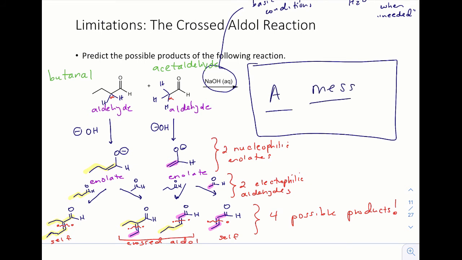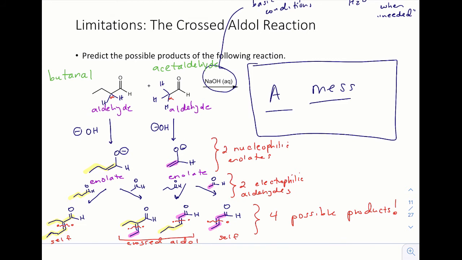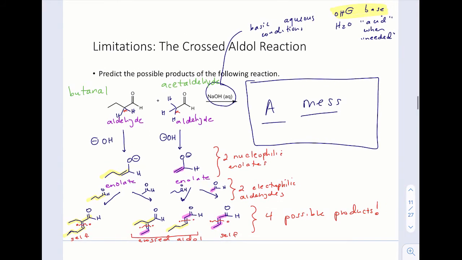Imagine trying to separate these four products. Which technique would you use? Could you use extraction? No. You might be able to use distillation, but I bet some of these molecules have pretty similar boiling points. Getting a mess, getting four possible products, is pretty common for cross-aldol reactions.